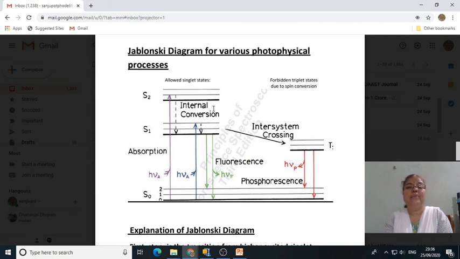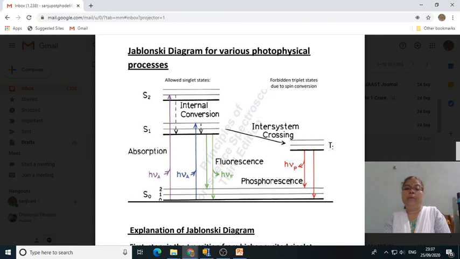When the electron goes from singlet 1 to triplet 1, this is also a non-radiative transition, and it is called inter-system crossing, that is, ISC. When the electrons from triplet 1 return to the ground state, this phenomenon is called phosphorescence.